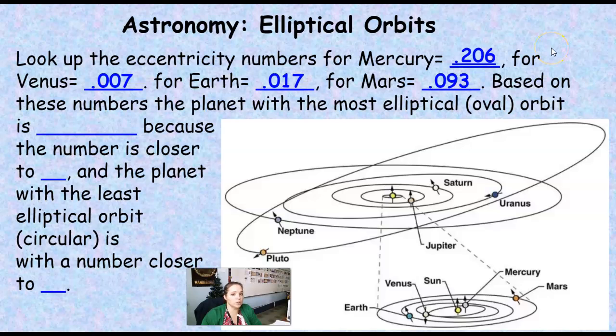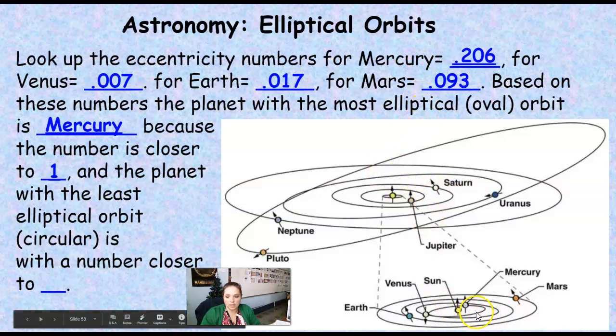Based on these numbers, the most elliptical or oval orbit is Mercury, because the number is closest to 1. So because that is really, really close to 1, it's going to be the most elliptical. Well, let's look and see. You see how it's got that tilt right there? That's Mercury.